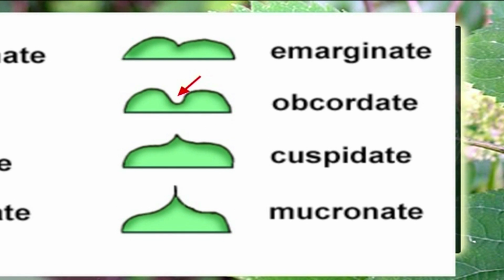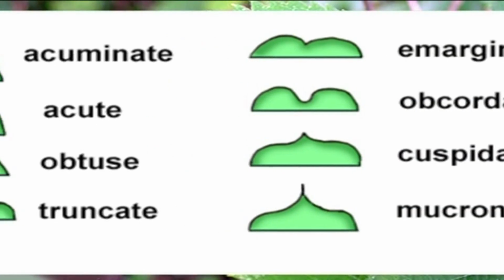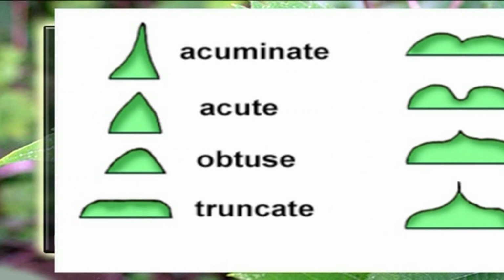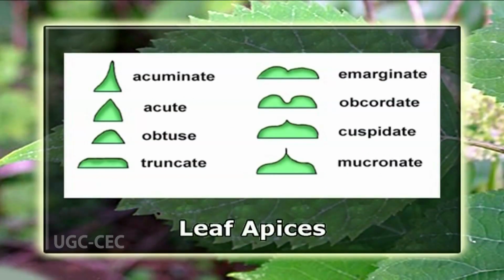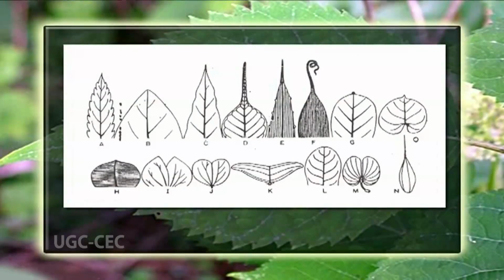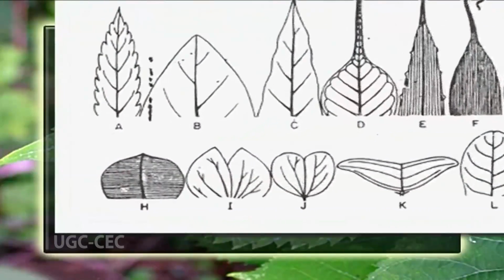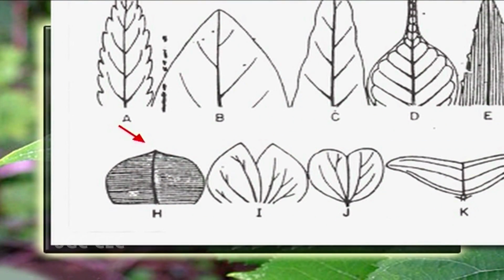Obcordate, inversely heart-shaped, deeply notched at the top. For example, leaflets of Oxalis corniculata. Then obtuse, rounded leaf margin. For example, banyan. Rounded, these are wide curved shape that's wider than obtuse with less of a point while not being so flattened as to approach truncate.